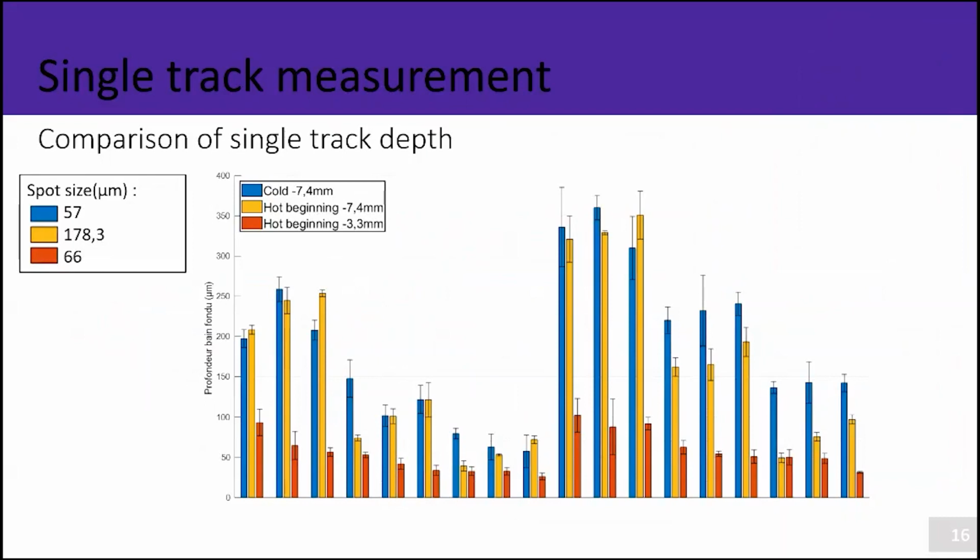Yellow is the hot beginning state but at the cold focal points, and orange is the hot beginning state at the hot beginning focal point. So here you can see that finally the blue and the yellow are really close, then orange is not correlated with the blue and the yellow.